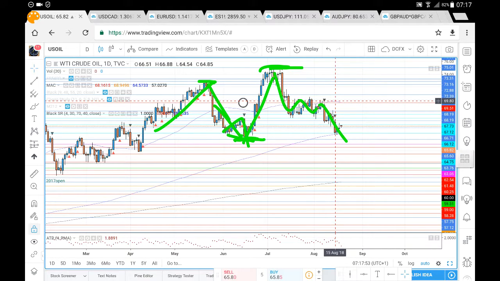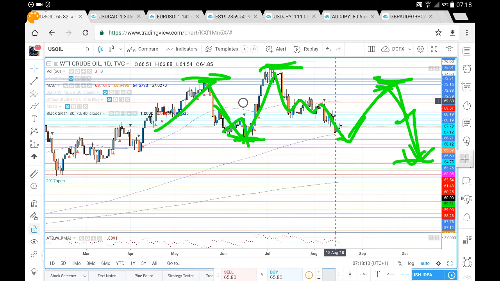So if we do hold support in around 63.62, we'll see if that retracement takes us up towards that 72 or that $73 barrel. If we do fail there, there is a potential for these head and shoulders to come into play and see a move possibly down towards that $60 barrel mark here on the US oil.